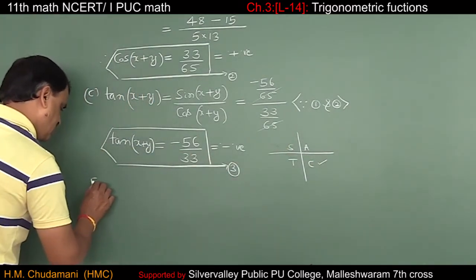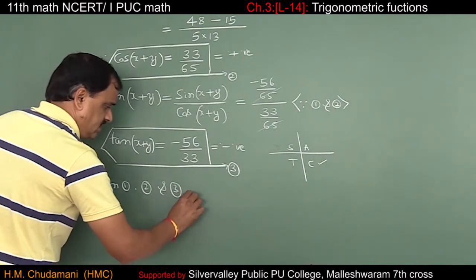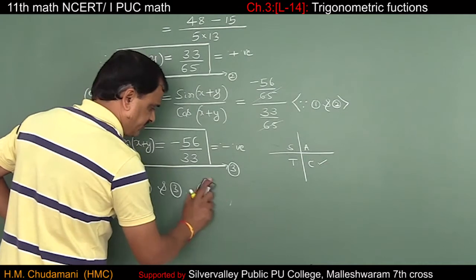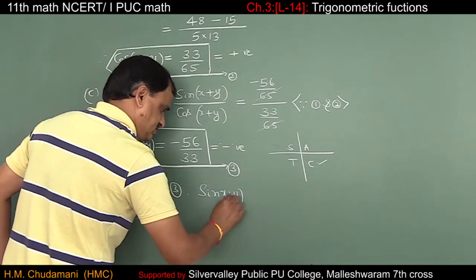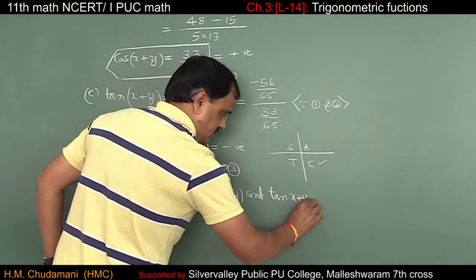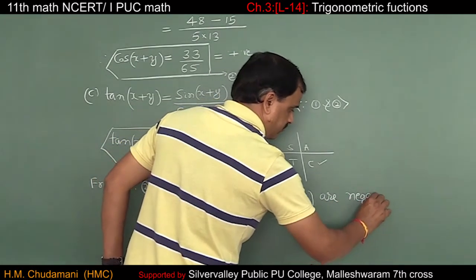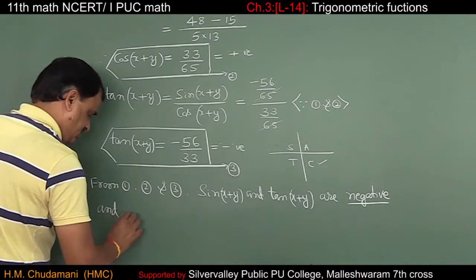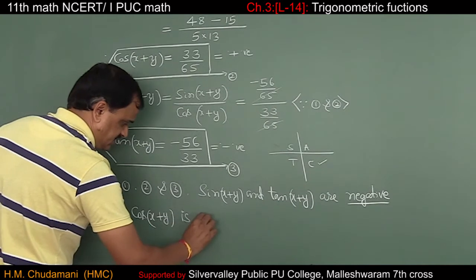From 1, 2 and 3, sin of x plus y and tan of x plus y are negative, and cos of x plus y, the cos of the angle, is positive.